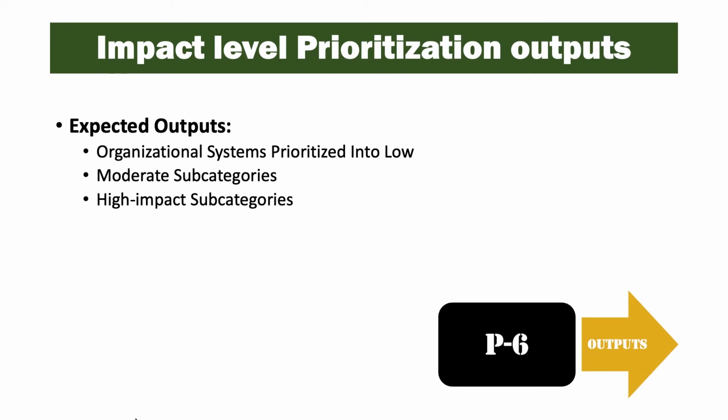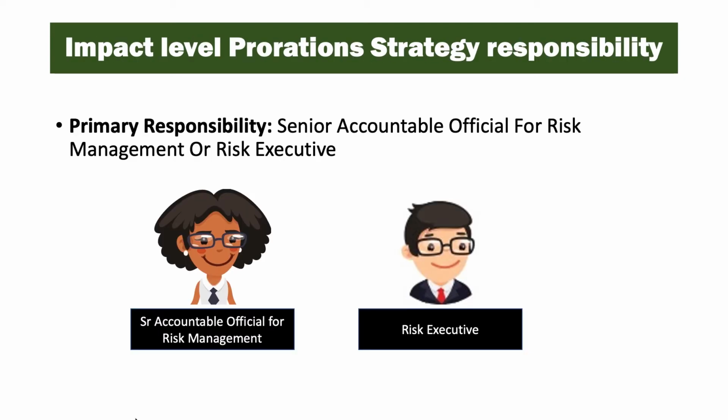So at the end of this task, you should have the ability to categorize systems as low, moderate, and high impact, and systems within the organization that already exist should be able to be placed into one of these three subcategories. Primary responsibility is the senior accountable official for risk management or the risk executive function.